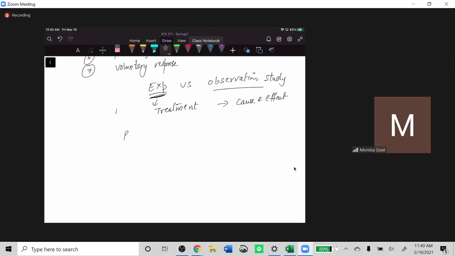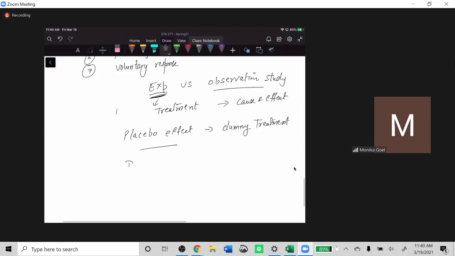So we also use the placebo effect. What is a placebo? A placebo is the effect of a dummy treatment. When we are talking about the response to a dummy treatment, we are talking about the placebo effect.